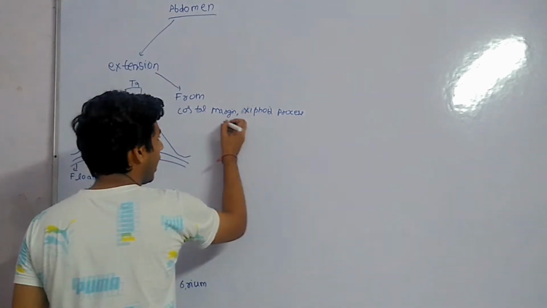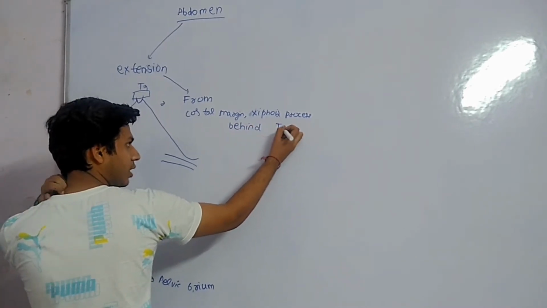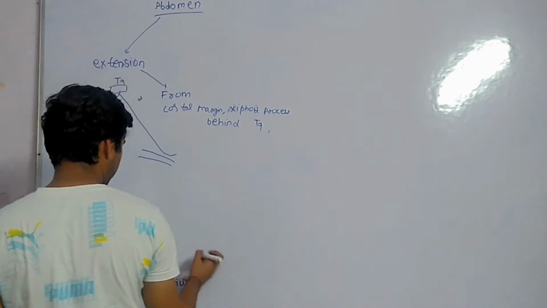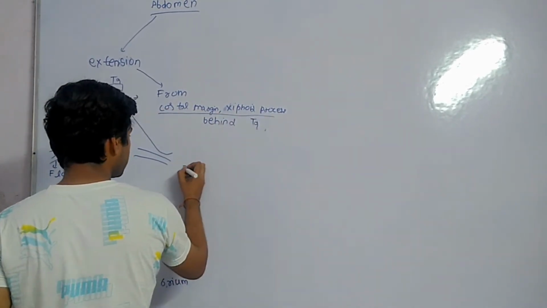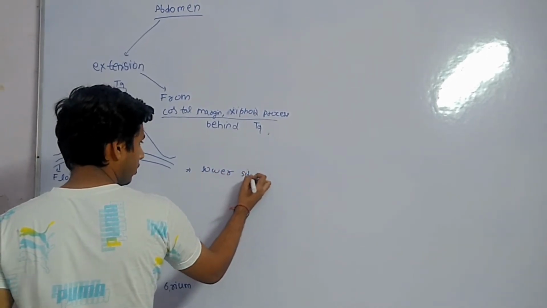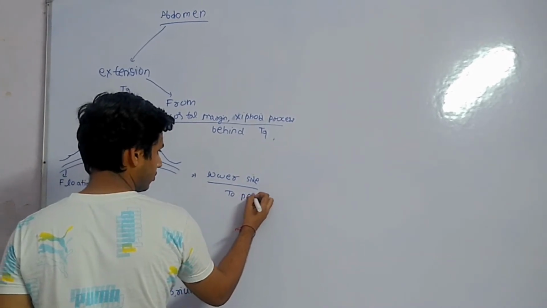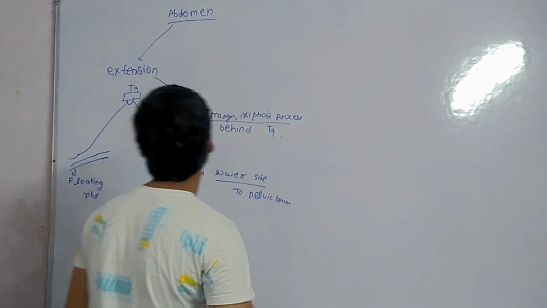And behind T9 vertebra, upper side, and this is lower side, to pelvic brim. So this is extension of abdomen.